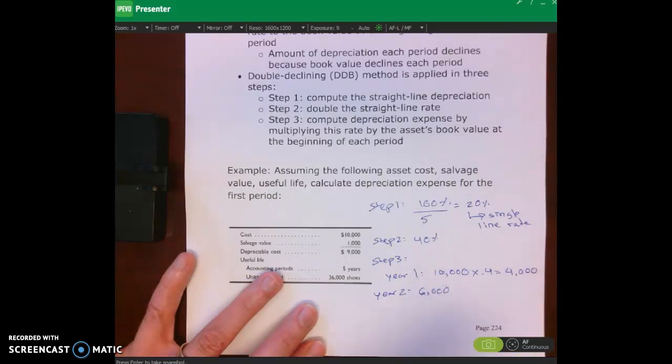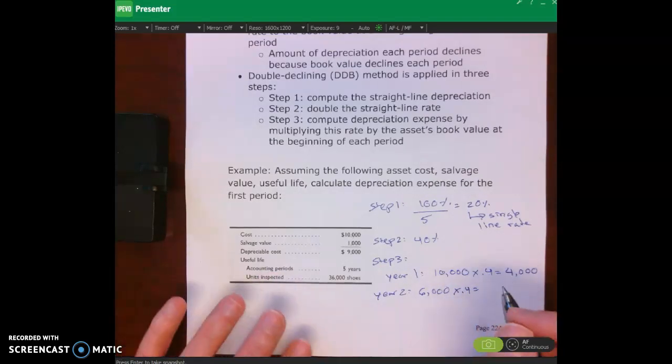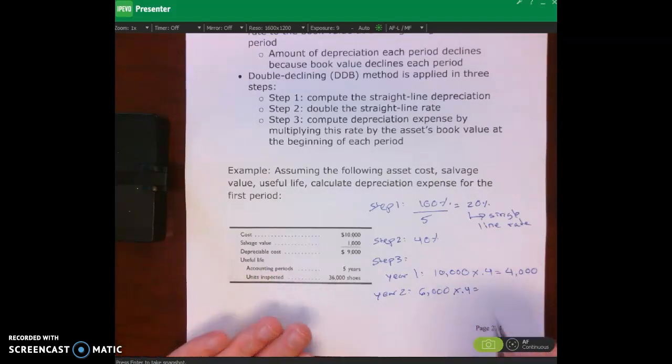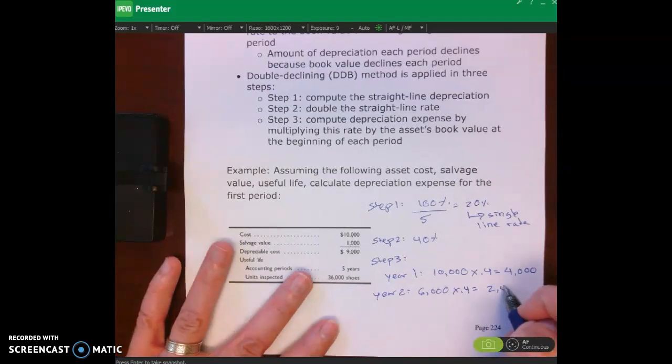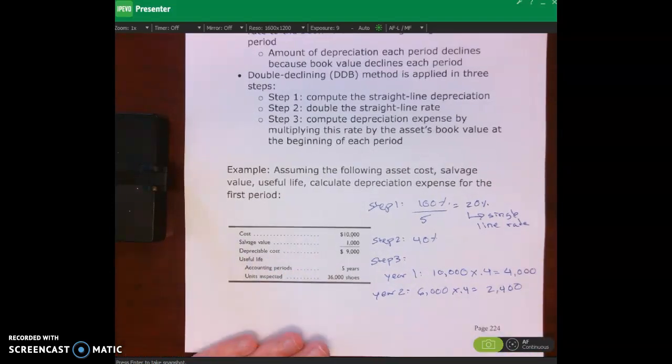Beginning book value is $6,000 times 0.4, which gives me $2,400. You can see I'm recognizing a lot of depreciation expense early in the asset's useful life, and then as you go throughout the asset's useful life, the amount of depreciation expense I recognize starts to decrease.